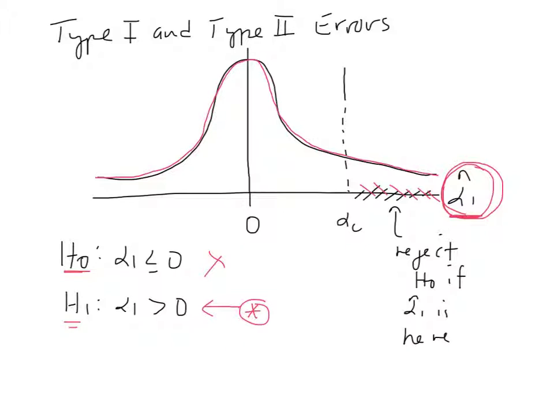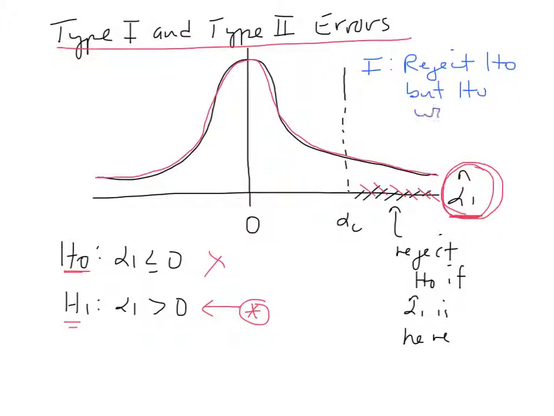Now, I want to stop for a moment and contemplate the ways in which we could be wrong in drawing our conclusions, okay? So you'll recall from your statistics class that we have both type 1 and type 2 errors, right? A type 1 error is when we reject H0, but H0 was true. Okay?